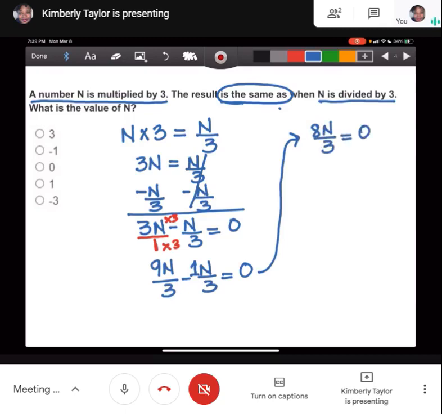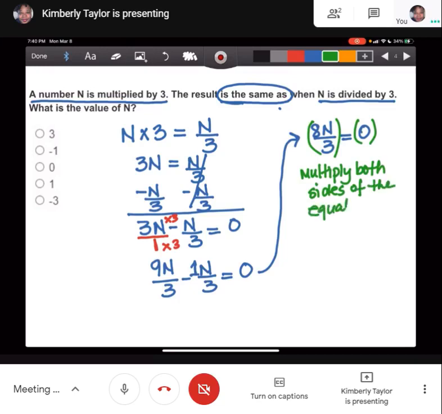To solve this type of question, you need to multiply both sides by the reciprocal. But if you're looking at this problem, you probably already know the answer is going to be 0. But just in case you didn't, let's multiply both sides of the equation by the reciprocal.